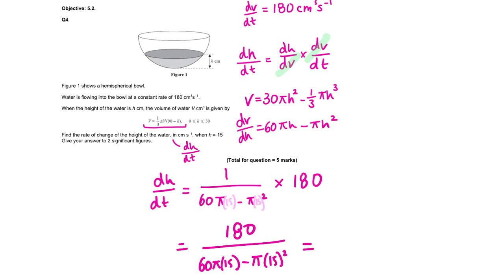And this is going to give me 0.085. Is this two significant figures? Yeah, because it's 0.0848 to two significant figures. So the unit, because we're just dealing with height, is centimetres per second.